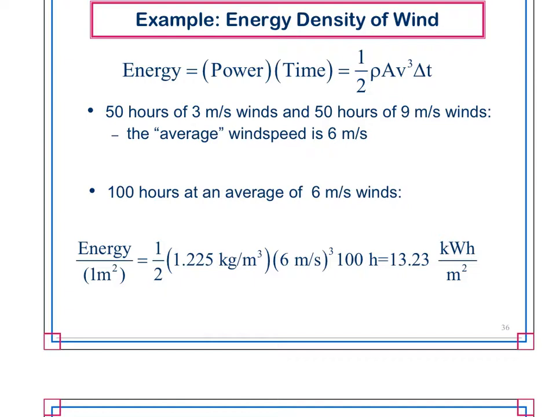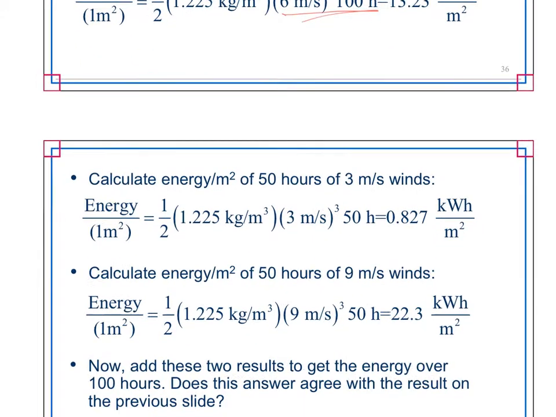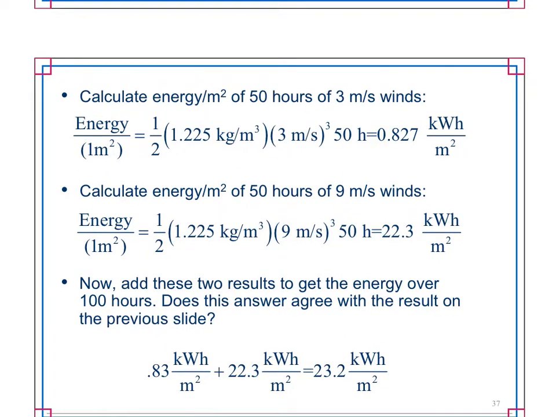Well, if it was linear, it would be the same. But because it's the cube of the velocity, we're going to see how this has a huge change. Let's look at the one where we have 6 meters per second for 100 hours. We're going to get about 13 kilowatt hours per square meter. I do the same thing for 50 at 3 and 50 at 9.